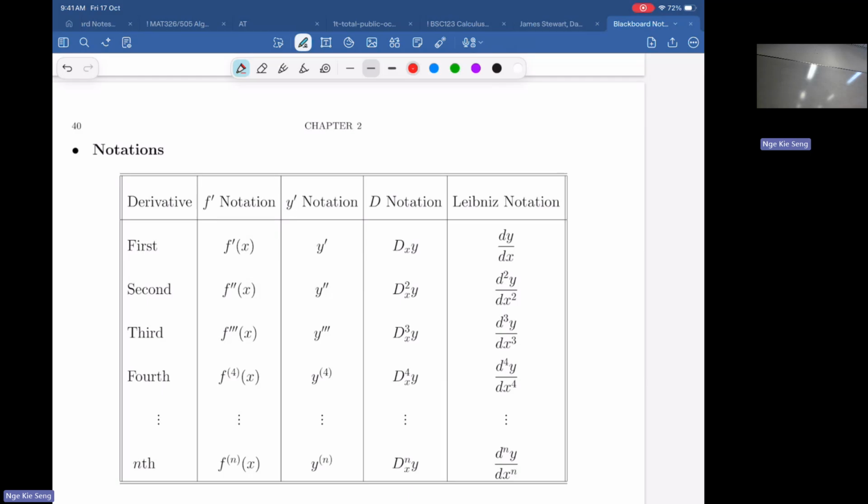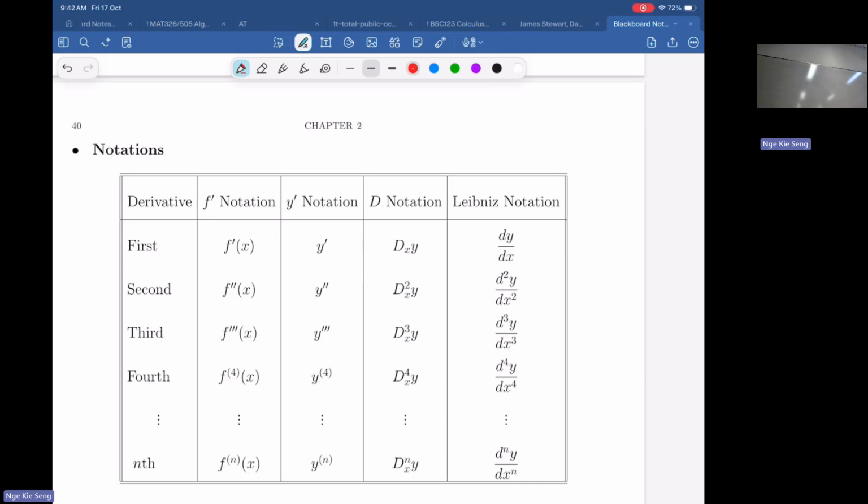Or the last one, dy/dx, is called the Leibniz notation. So in the Leibniz notation, you see this d is placed in a different place. What do I mean by different? On the numerator I place a d, on the denominator we place the variable.